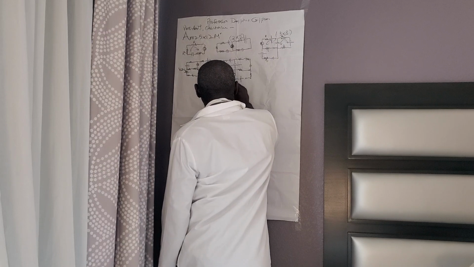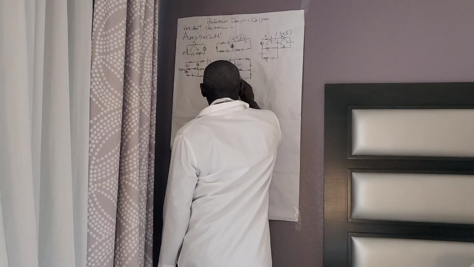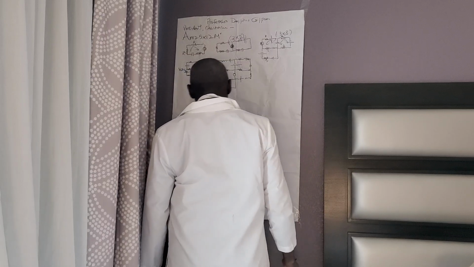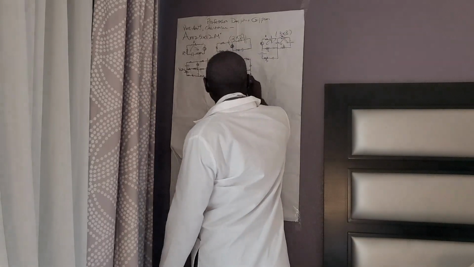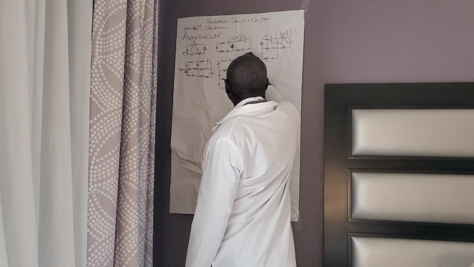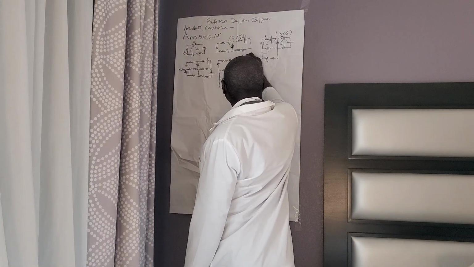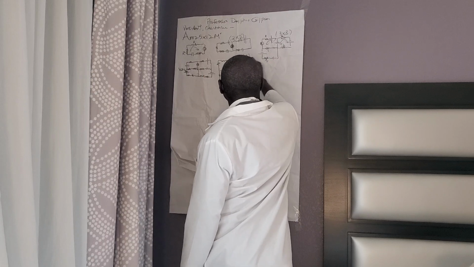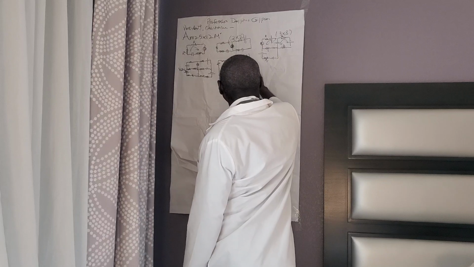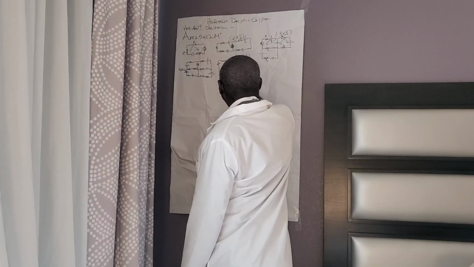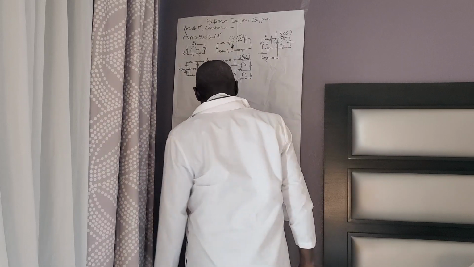Let's use a double voltmeter there, a 2-cell, and this will be for a 5 by 5. I'm drawing it in simple form like that.